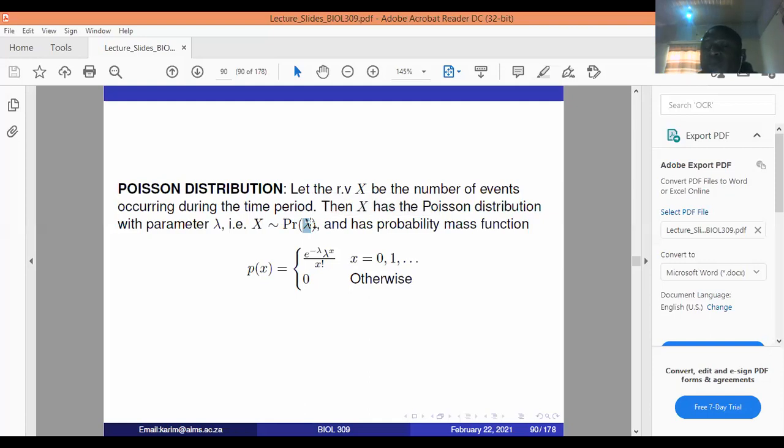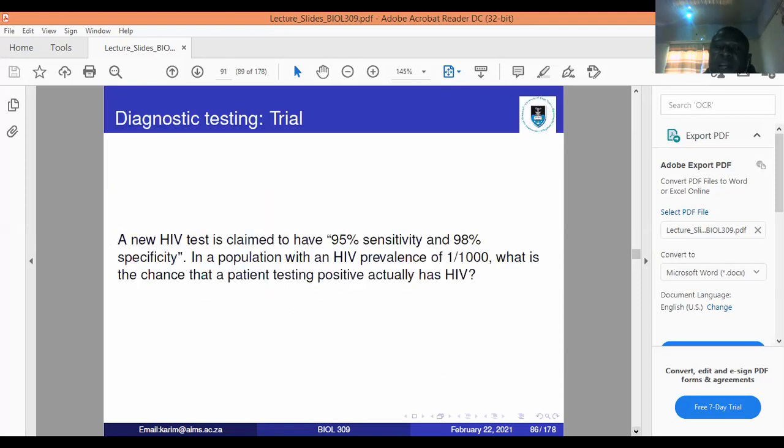If I'm able to record how many cases we have every day, then I'll average the cases over maybe 10 days or 20 days or 30 days, and then I'll get my lambda. Once I put my lambda here, then I'll be able to know the probability of 2 cases, 3 cases by just changing the values of X.